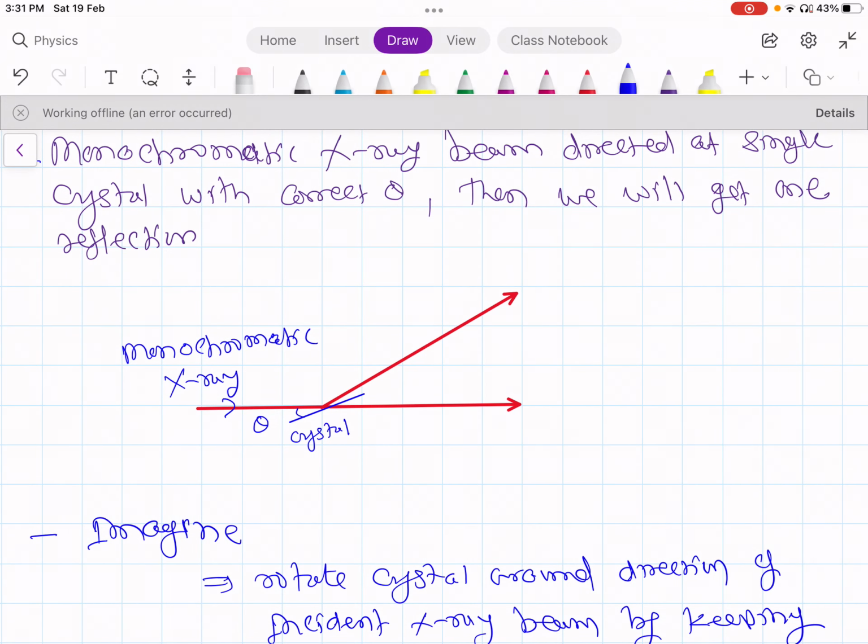Then what will happen to the reflected ray? This one is the reflected ray here. Most of the X-rays go straight, and we get the reflected ray here. Now, keeping theta constant and rotating the crystal around the incident X-ray beam, this reflected ray will trace a cone with its apex at the crystal. Let me show that.